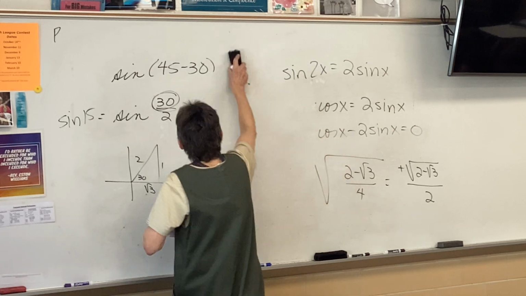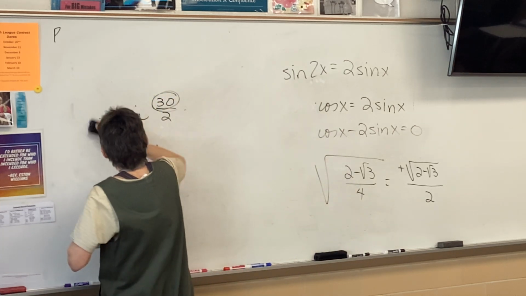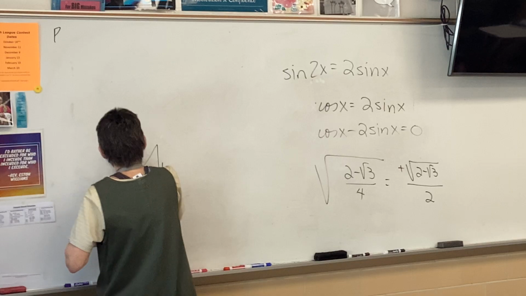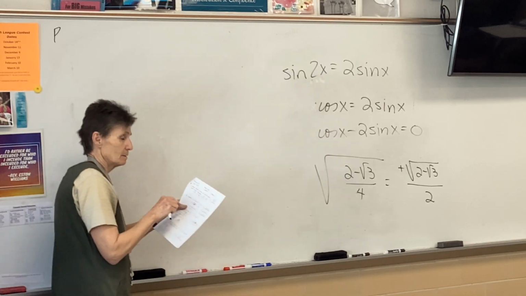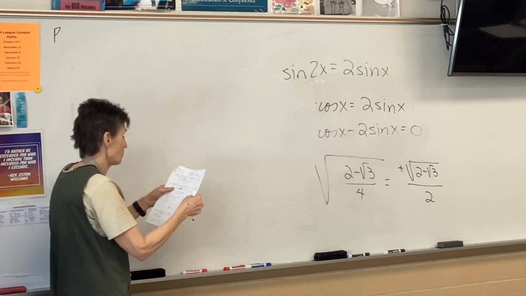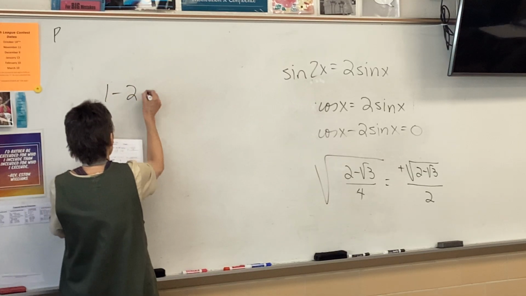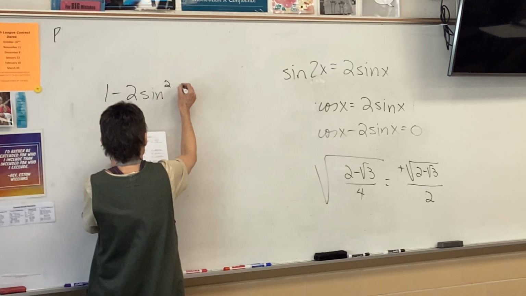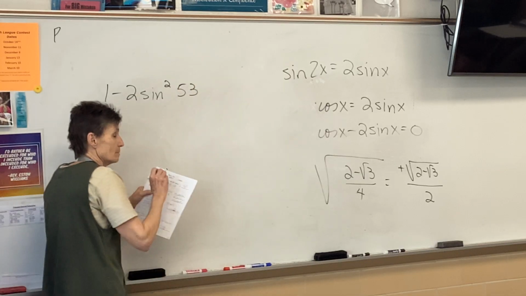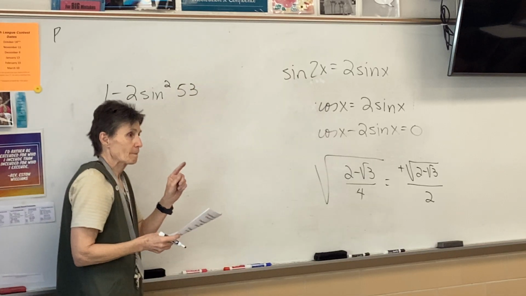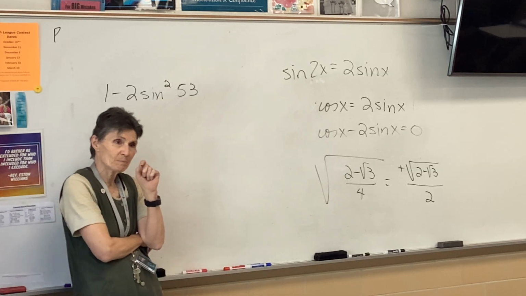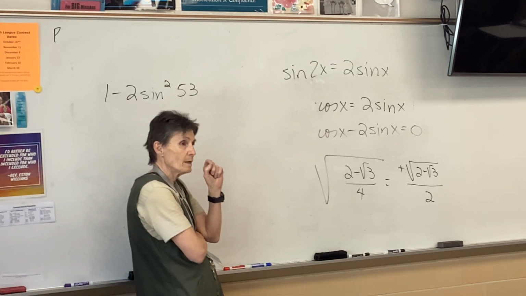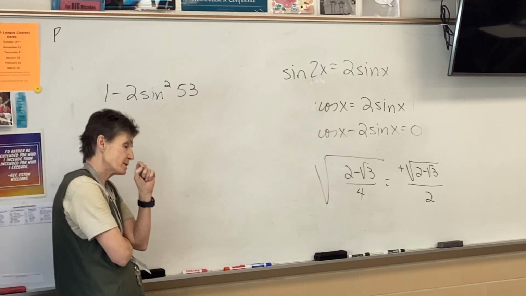Now, problem 2, this is the kind where you match up what's on your formula sheet with the problem that you have. So you have 1 minus 2 sine squared. Find it on your sheet. There should be something that's 1 minus 2 sine squared.